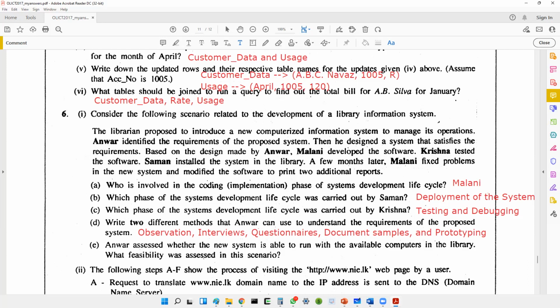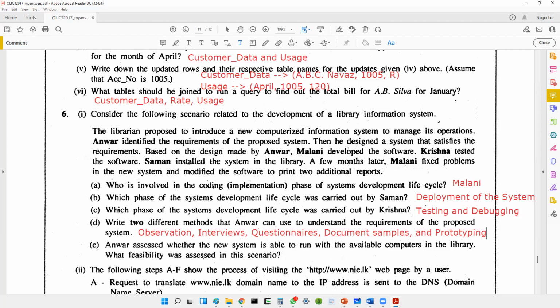Right, last one. Anwar assesses whether the new system is able to run with the available computers in the library. What feasibility was assessed in this scenario? This is out of syllabus. Because of that, they have given 1 mark for everyone.